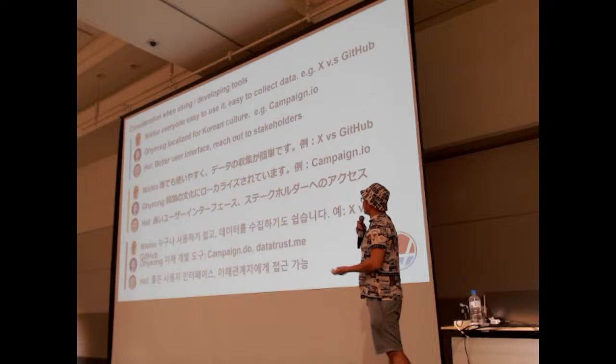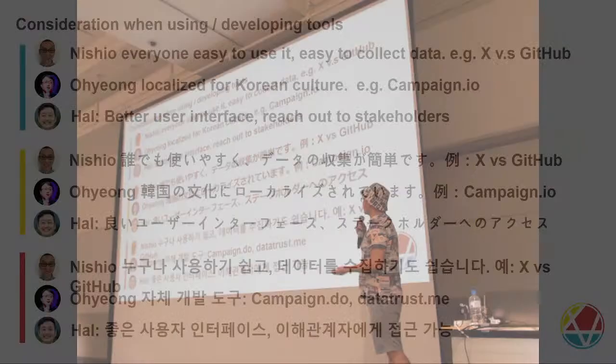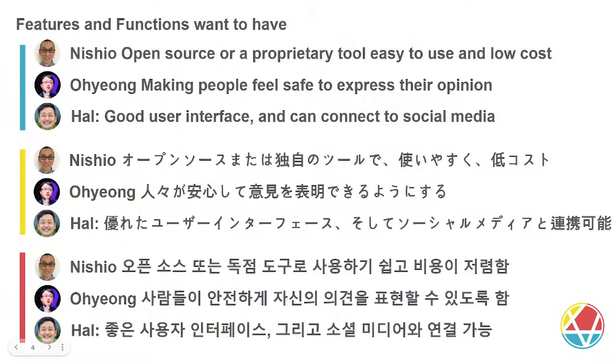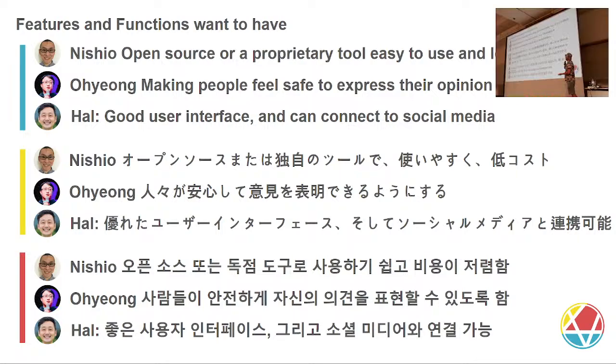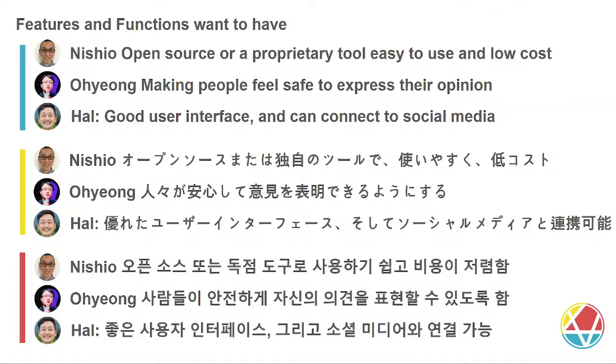Hao-san mentioned that you need a better user interface, and we also need to think about how to reach different stakeholders with offline events. For the features and functions they want, Nishio-san mentioned that open source or proprietary tools that are easy to use at low cost are very important. Hyun-san mentioned that we need to make people safe to express their opinions. And Hao-san said they want a good user interface and also wish to connect to social media.